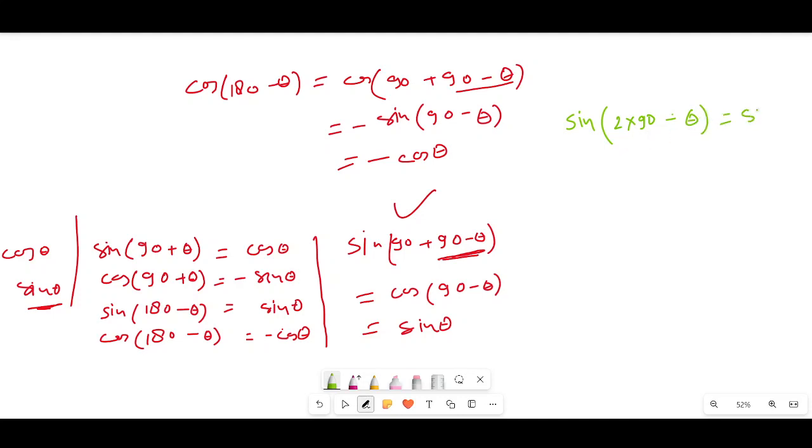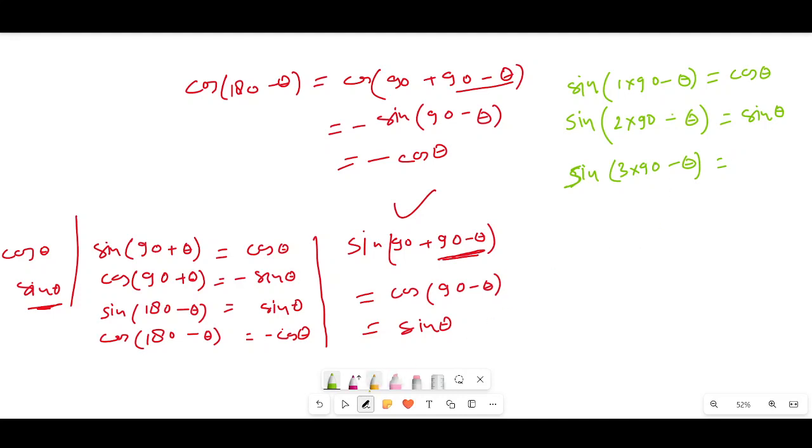It is sine theta. Clear? Now sine of 1 into 90 minus theta is cos theta. Clear? Then find out the value of sine 3 into 90 minus theta.